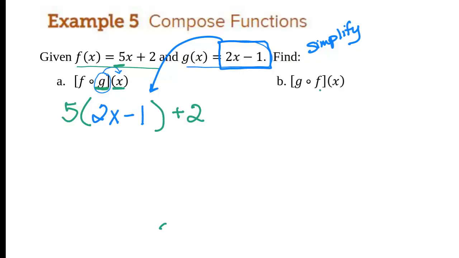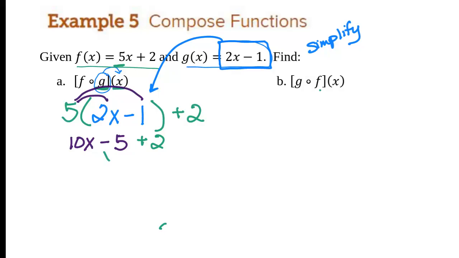Yeah, we're going to distribute that 5 with the 2 terms on the inside. So 5 times 2x is going to be 10x. 5 times minus 1 or negative 1 is going to be negative 5. The 5 doesn't distribute with the 2, and then you just have the plus 2 here at the end.